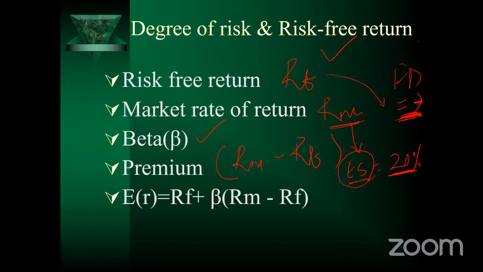If I am investing in equity shares, I am getting 20%. If I am investing in FD without taking any risk, I am getting 7%. So whenever I am investing in equity shares, what is the extra amount of return I am getting?